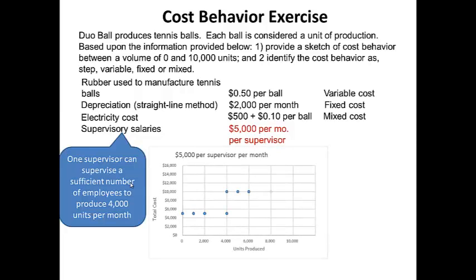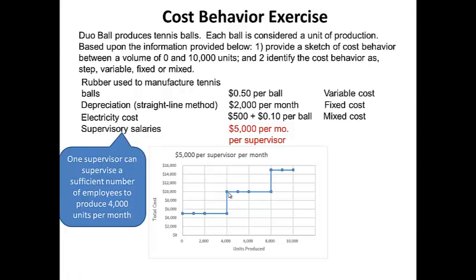Okay, now we see the supervisor cost per month, and you'll notice between 0 units and 4,000 units, what happens is that we have one supervisor employed, and that's our 5,000. Then we skip to a production level above 4,000 units, which means we have to hire an additional supervisor.